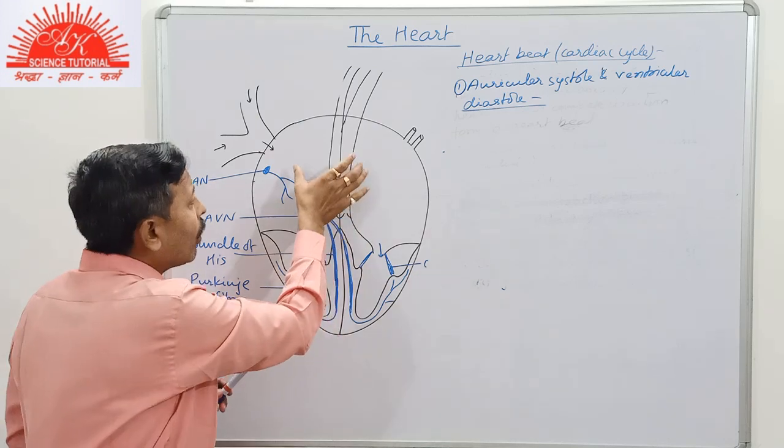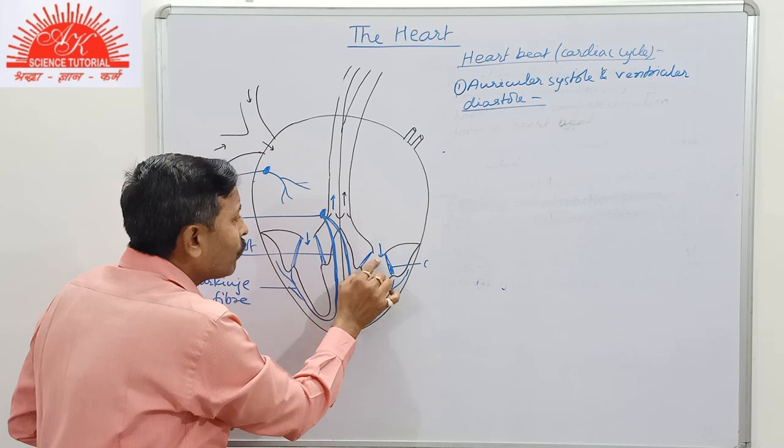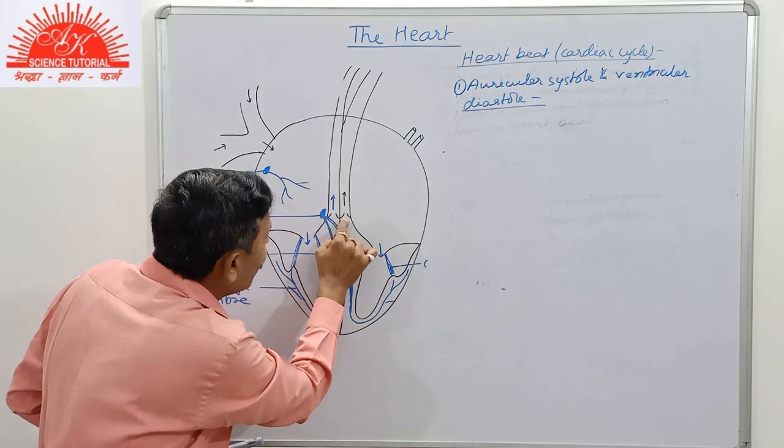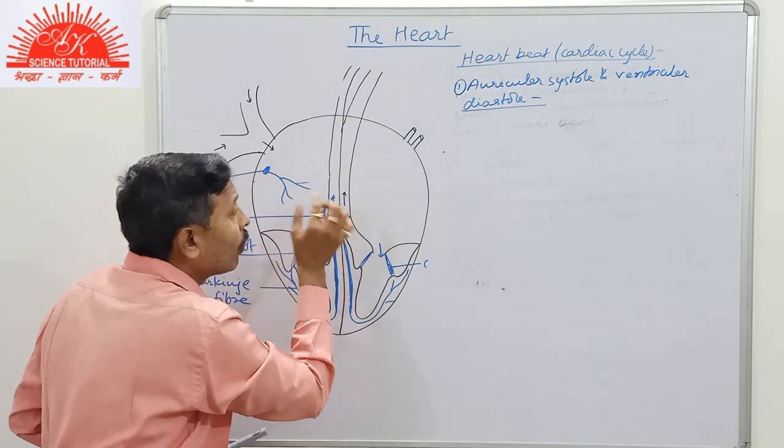So just see, auricles are contracting, so these two valves will be open, and since the ventricle is relaxing, these two valves should be closed to prevent backflow of blood.